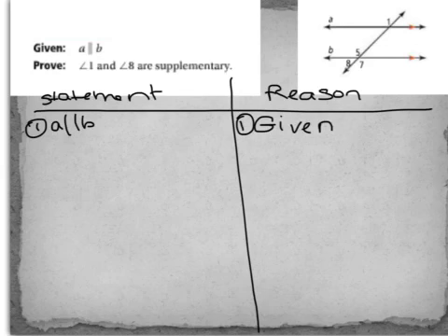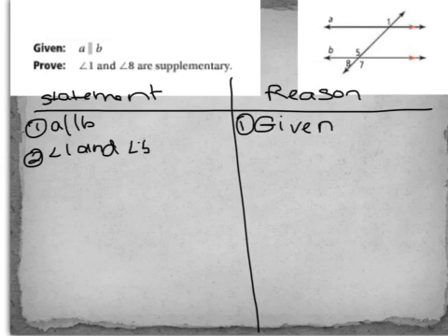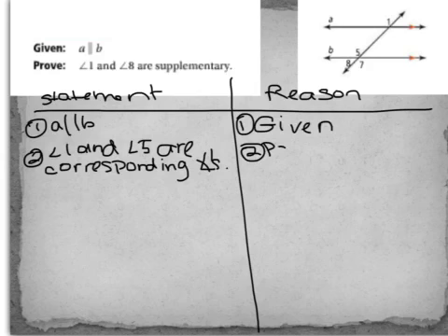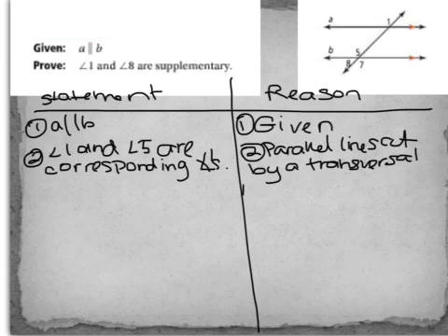Well, we know that angle 1 and angle 5 are corresponding angles, because parallel lines cut by a transversal form corresponding angles.